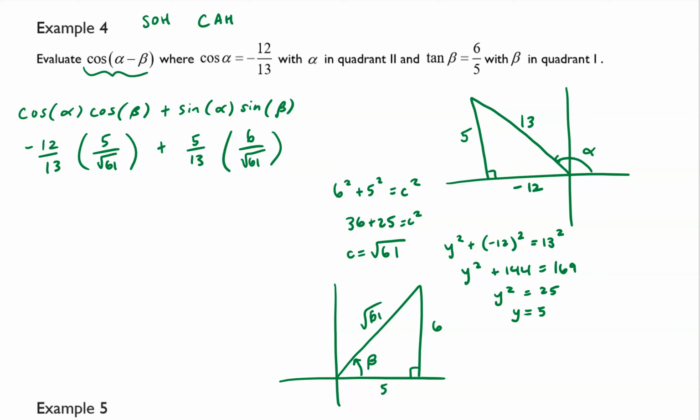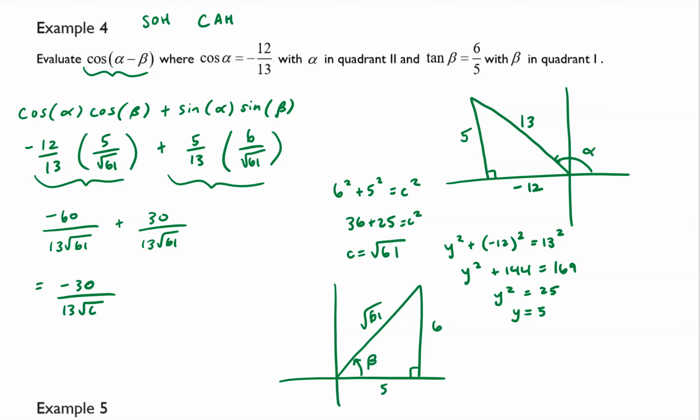Okay, so if we do some multiplication now, if we multiply these together, that's going to give me negative 60 over 13 times the square root of 61. And then this, if we multiply together, gives us 30 over 13 times the square root of 61. Luckily, both of those things have the same denominator, so we can combine them into negative 30 over 13 times the square root of 61.